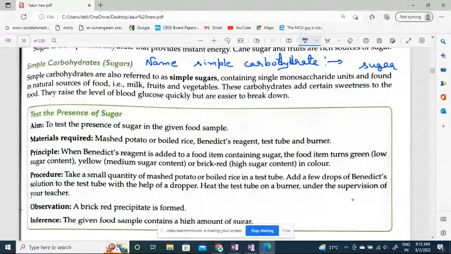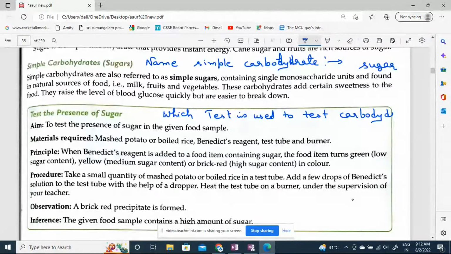How will you detect the presence of carbohydrate in a sample? Or which test is used to test the presence of carbohydrate in food items? And the name of the test, which reagent you can write over here.